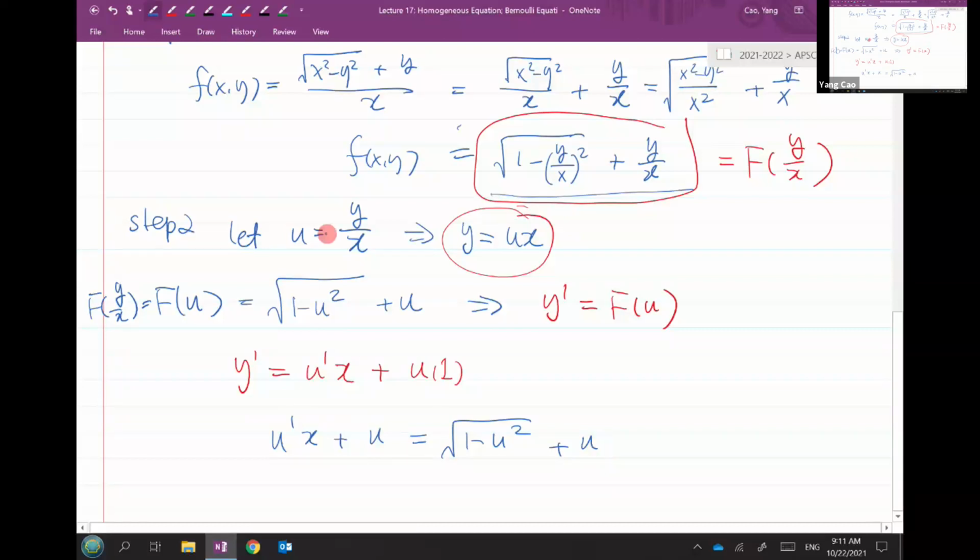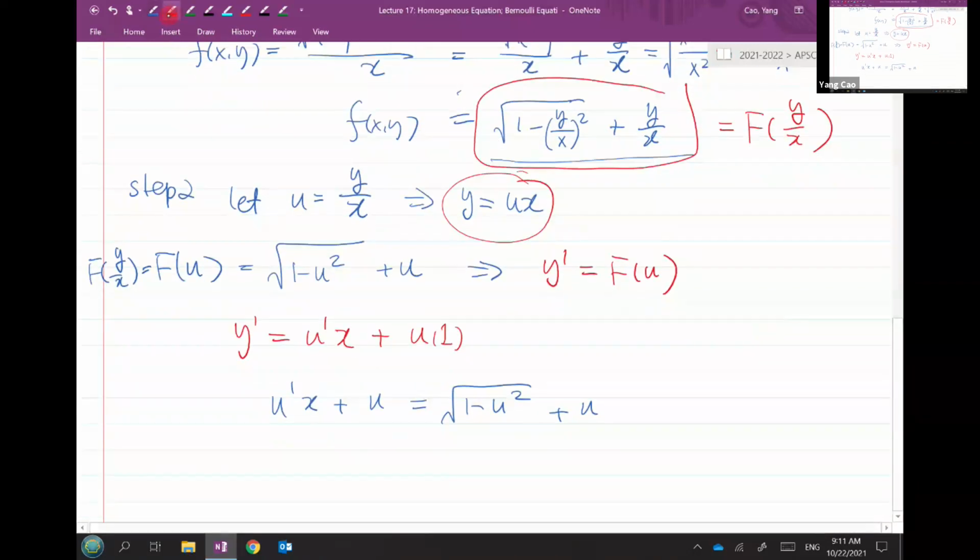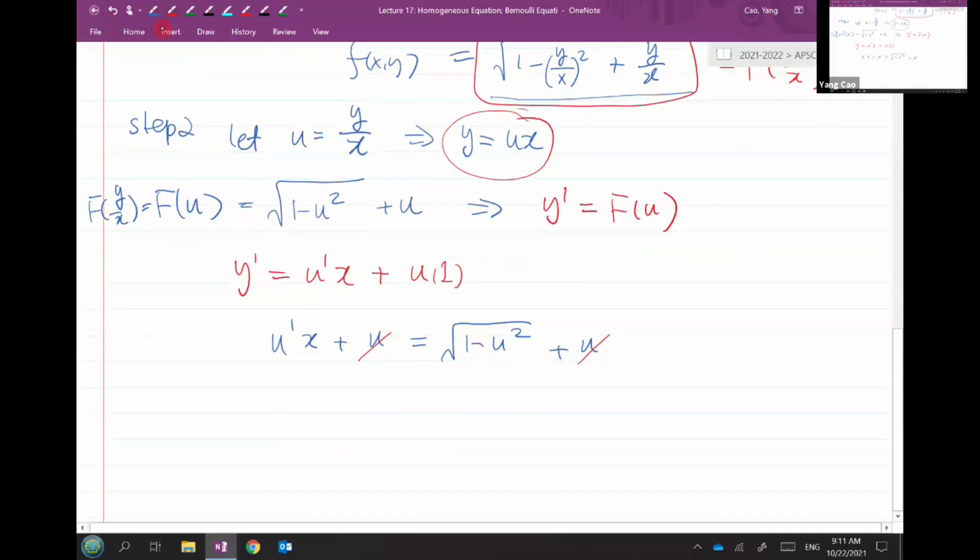I mean, u is defined as y over x. If y is a function of x, then u must also be a function of x. You can simplify this a little bit so that the u and u cancel here, and you're basically left with a linear first order ODE. So we have u prime, basically du over dx, times x equal to 1 minus u squared.